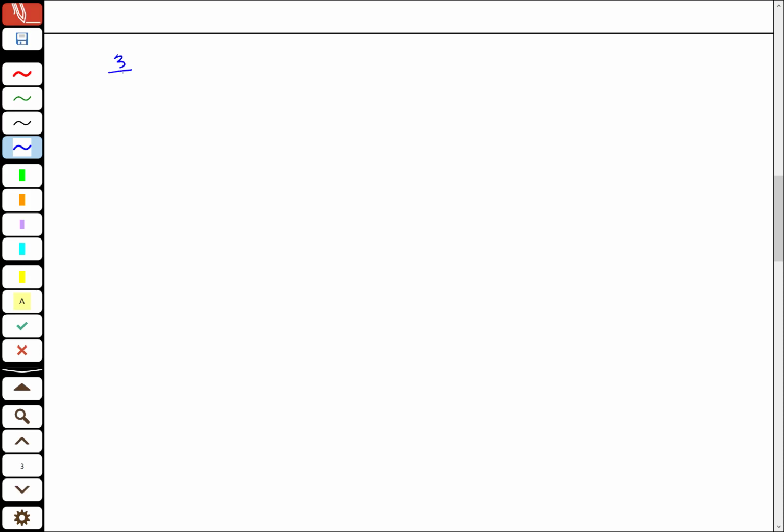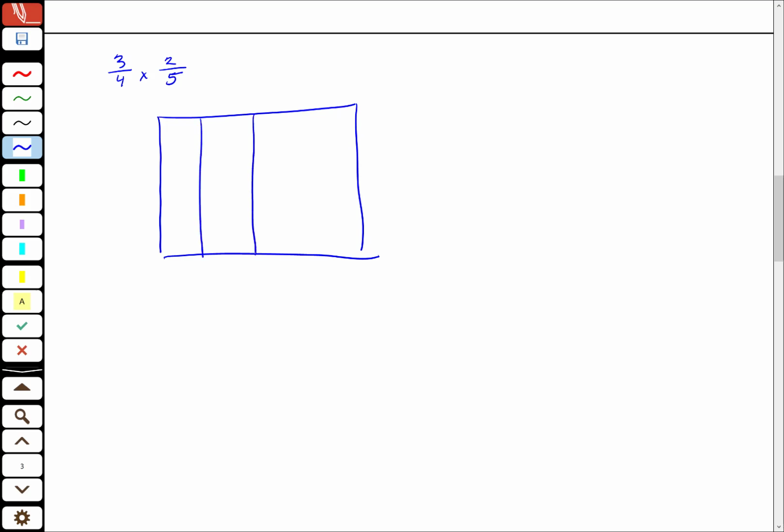Let's do 3/4 times 2/5. How's that sound? Okay. So, the other way to think about this problem, let's say, is I'm going to draw fourths here. 1, 2, 3/4.